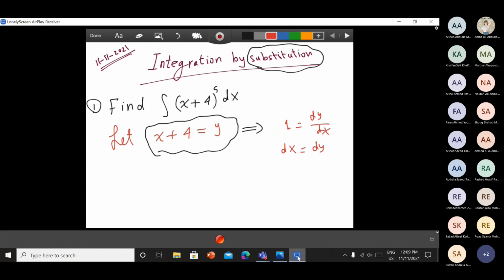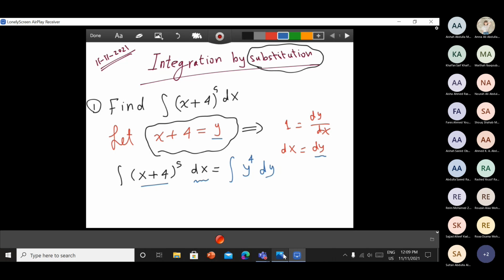So dy is equal to dx. What happened now? My integration, (x plus 4) to the power 5 dx, will become the integration of, instead of x plus 4, it will be y, so y to the power 5. Instead of dx, I have dx equal to dy.